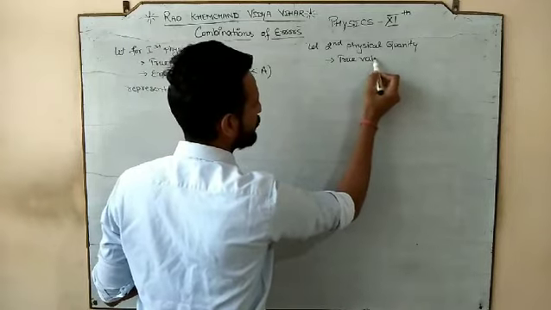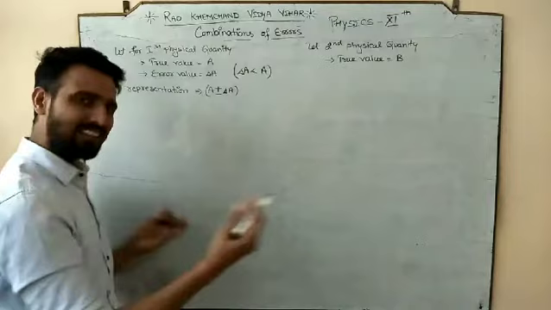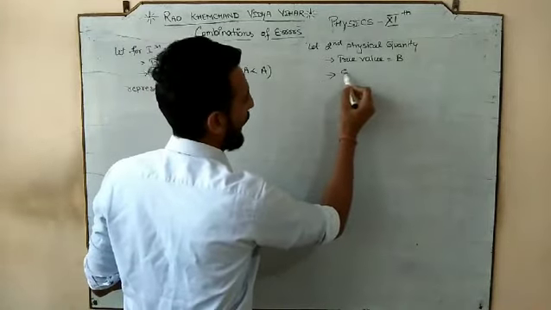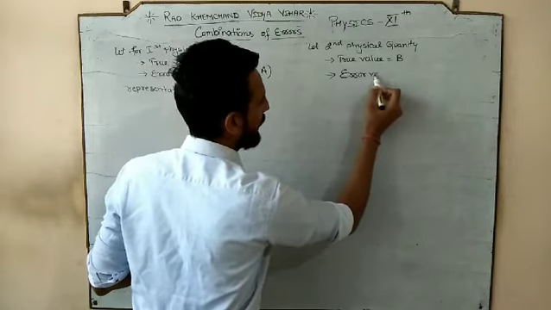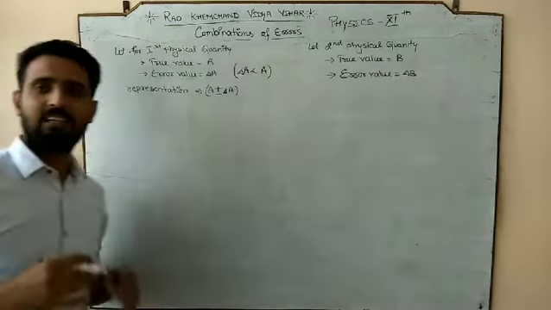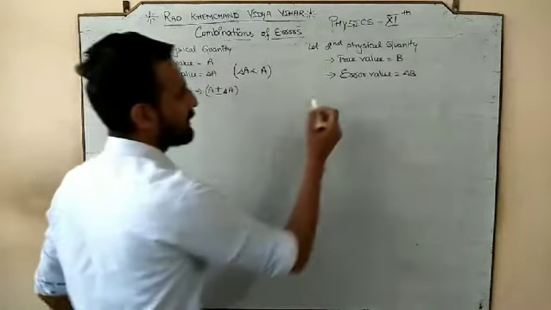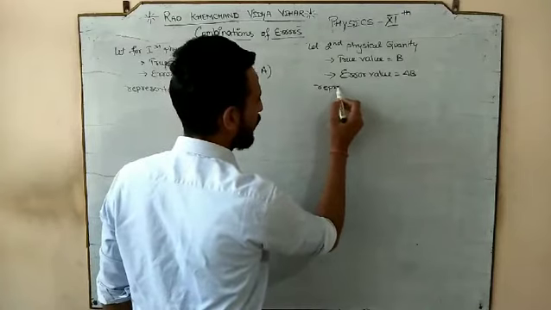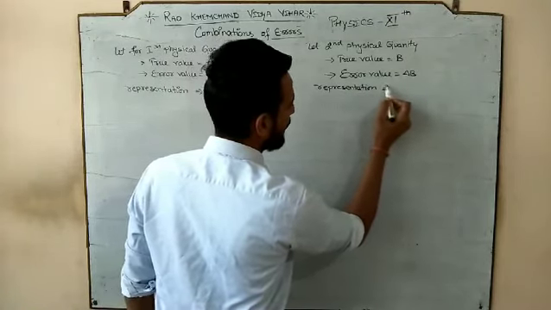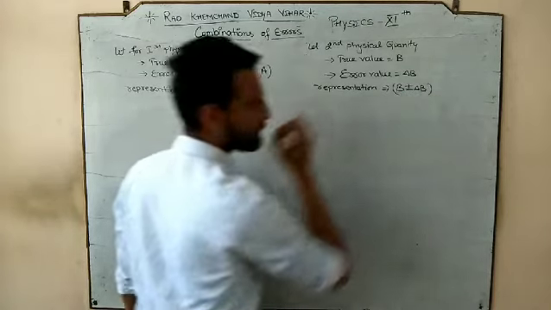Let's suppose its true value is B. I'm talking about another physical quantity whose true value is B and whose error value is delta B. Means the second physical quantity has its own true value and its own error. So what would be the representation, or what would be the overall value? It would be B plus minus delta B.